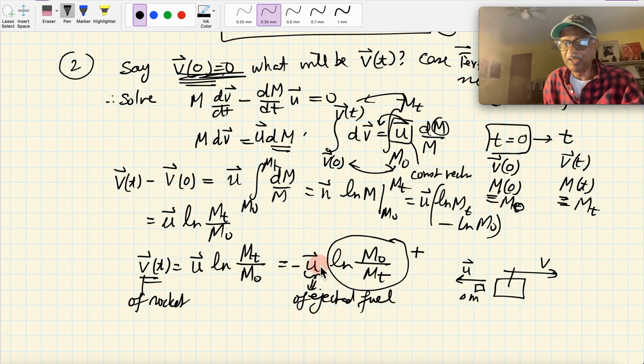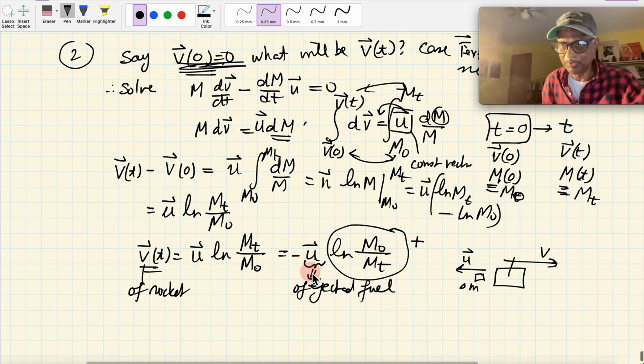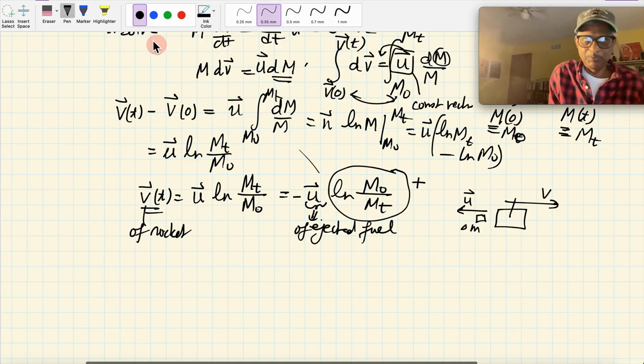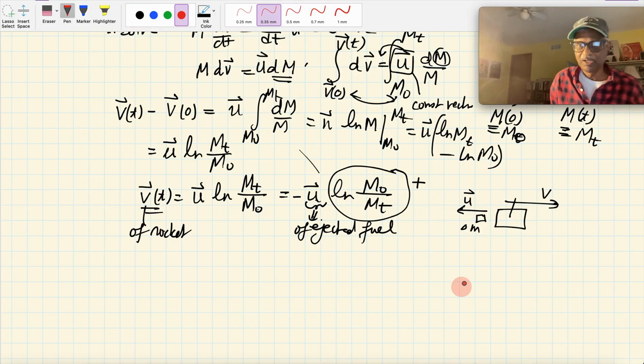So u is a vector. That's actually very important. I know a lot of students have this confusion about where the u is, and they mess up the sign. If you really don't want to keep the vector, just keep a component, just take this as the x-axis.